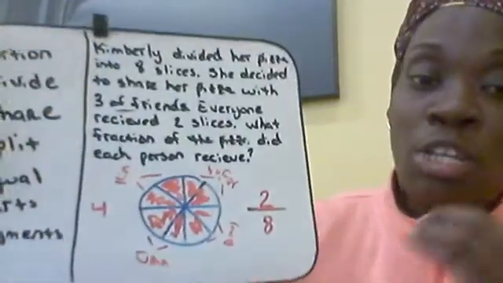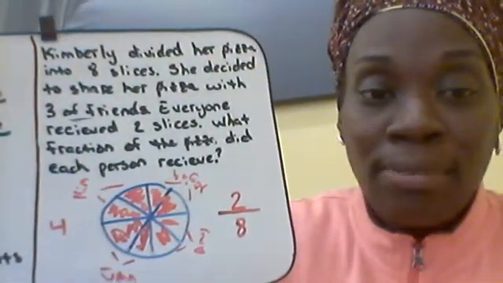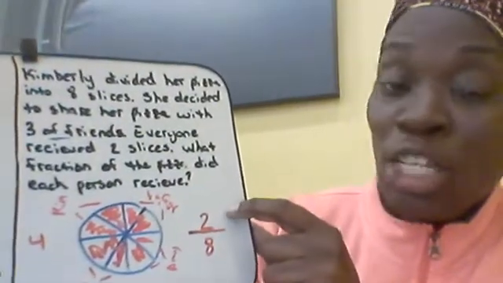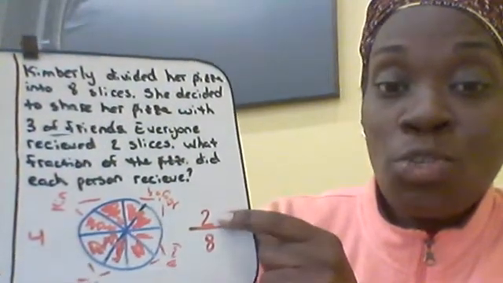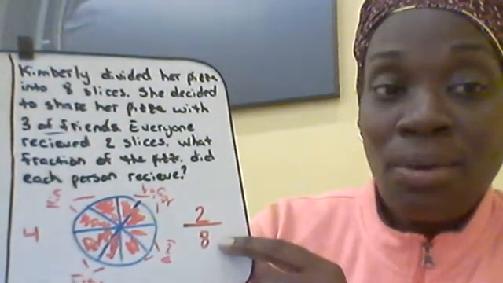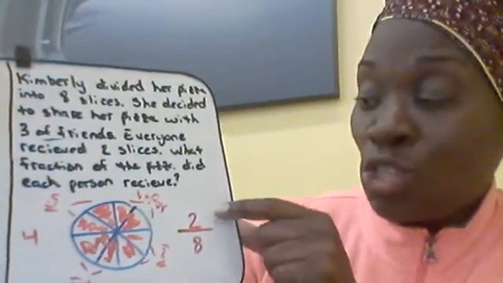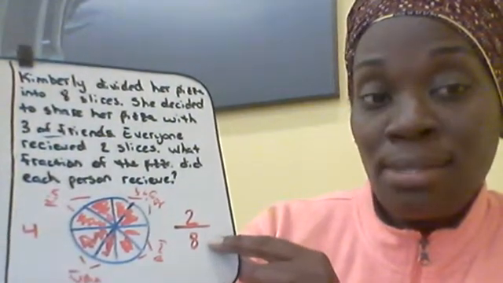Okay? So how many people is that? 1, 2, 3, 4. And how much did each person get? 2. So the fraction that describes what each person received is 2 over 8. Okay? Because each person got 2 of the 8 pieces.